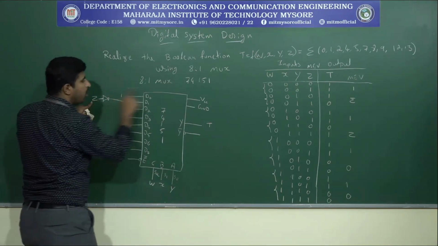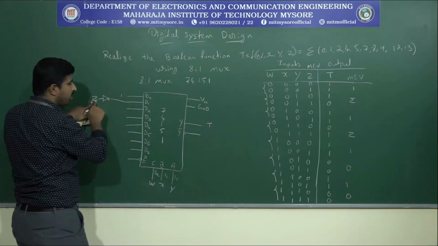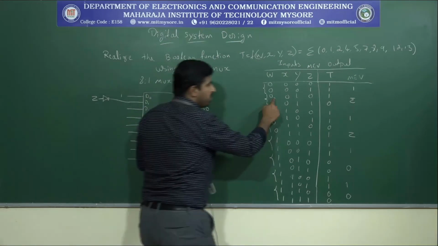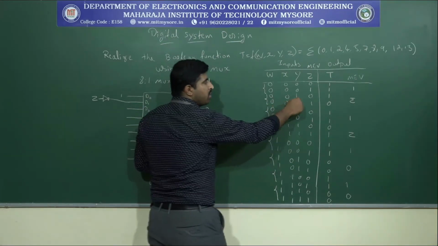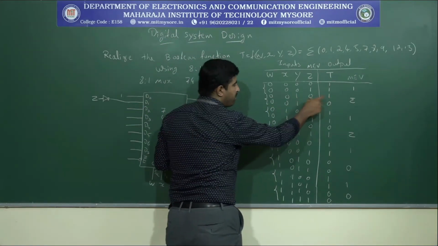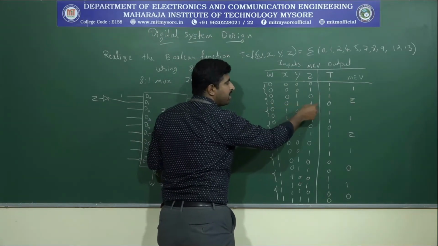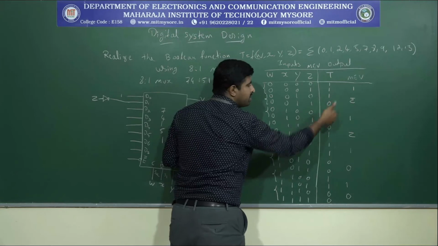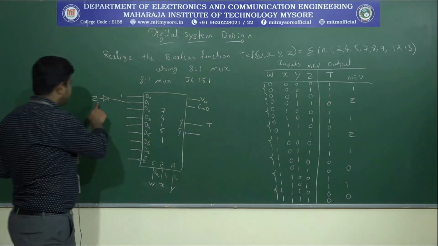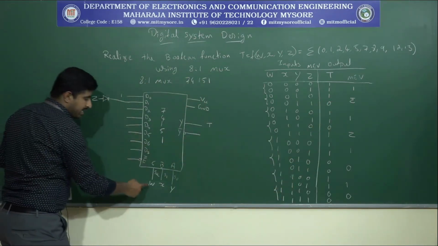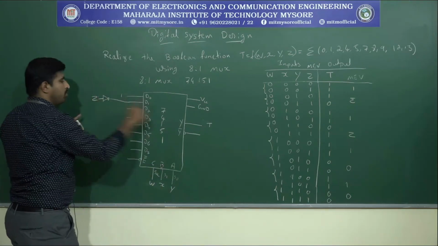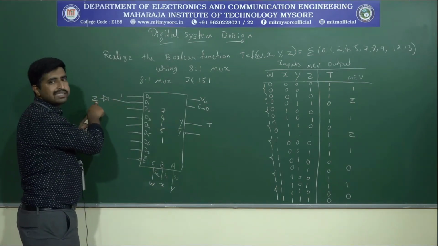When the Z is 0, the output will be 1, and when the Z is 1, the output will be 0. So when the select lines are 0 0 1, the output will be a complement of Z.